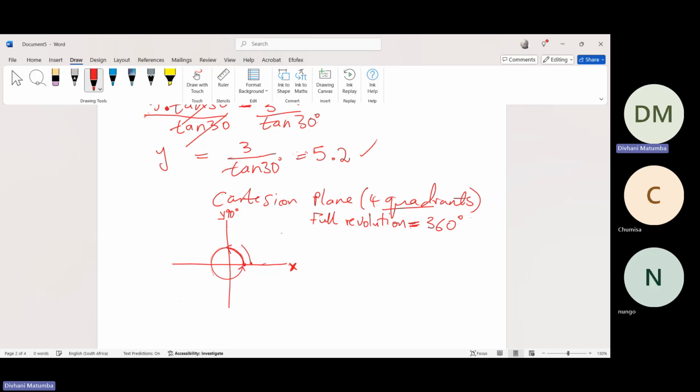From this point to here, what degree is it? 180, perfect. And from here to here, Nungo, what degree is it? 270 degrees. And then a full revolution will be 360 degrees.